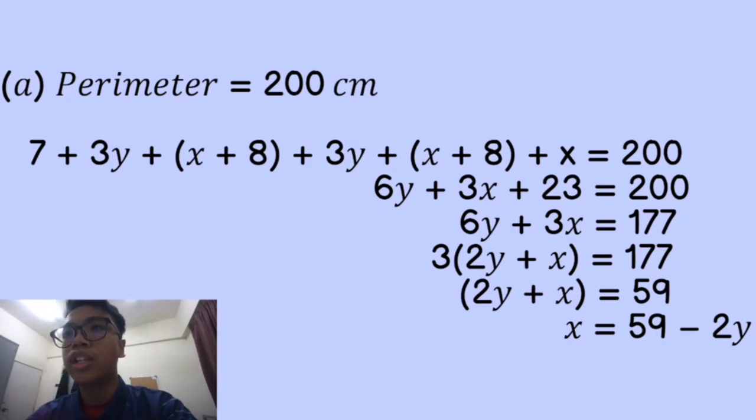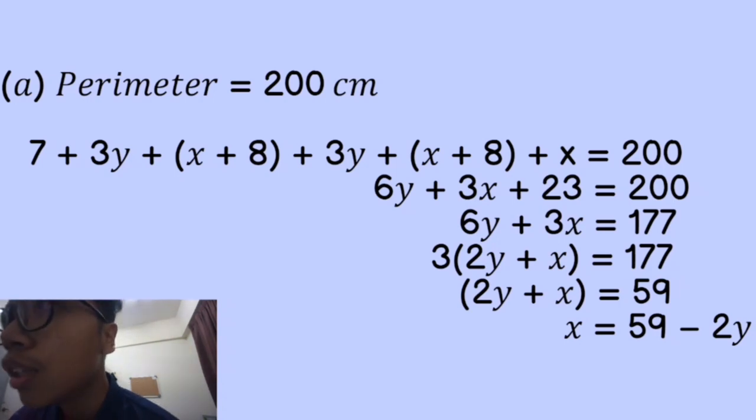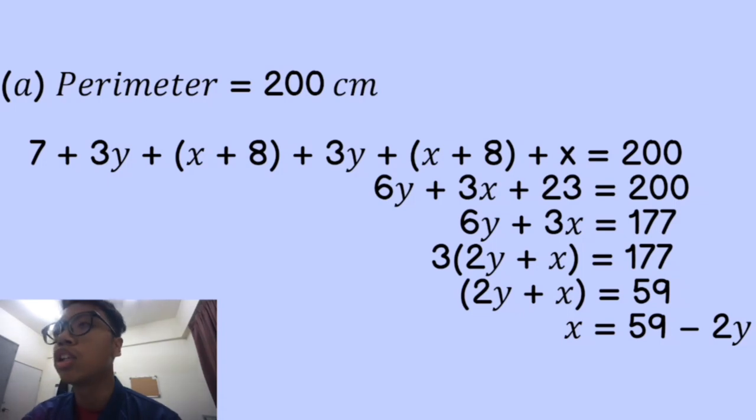Then we calculate it for the next step, and we get 6y plus 3x plus 23 equal to 200. Next, we move 23 to the other side, making it 200 minus 23, and we get 177.